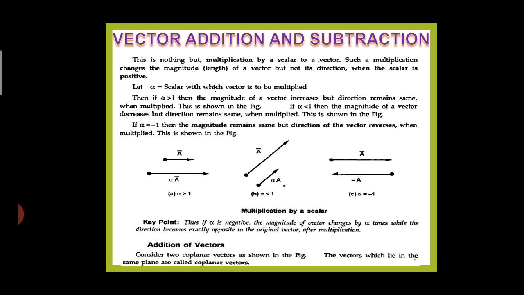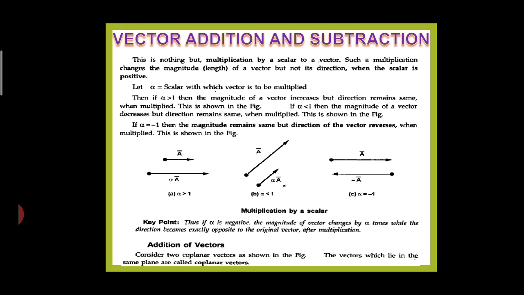Then if alpha is greater than 1, as in the first figure A, the magnitude of the vector increases but the direction remains the same when multiplied. Second is figure B. If alpha is less than 1, then the magnitude of the vector decreases but the direction remains the same. And the third one is in figure C. If alpha is minus 1, then the magnitude remains the same but the direction of the vector reverses.